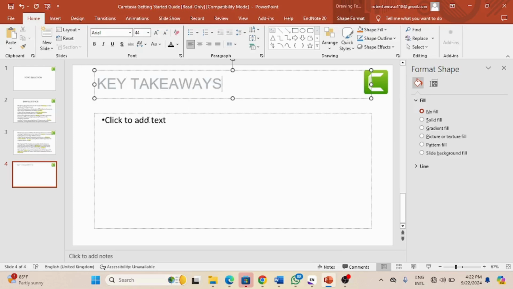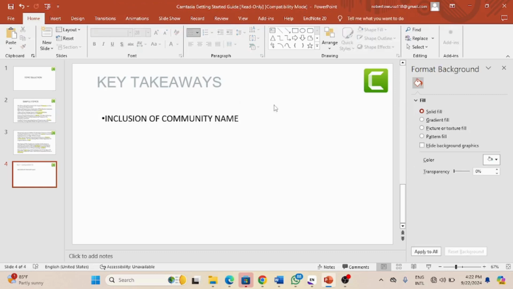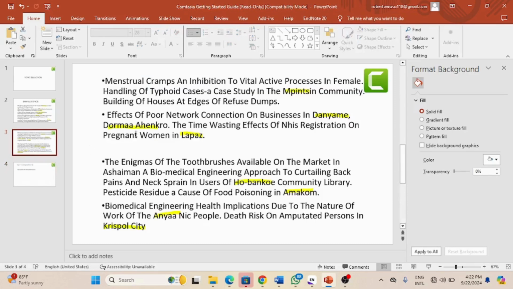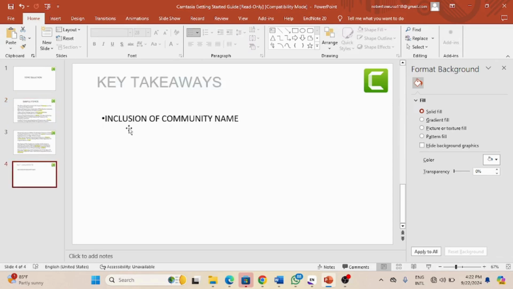I can have something like inclusion of community name, right? So the first thing that we've seen is the inclusion of the community name because the various topics included the names of the communities that were involved in the topics. Okay.